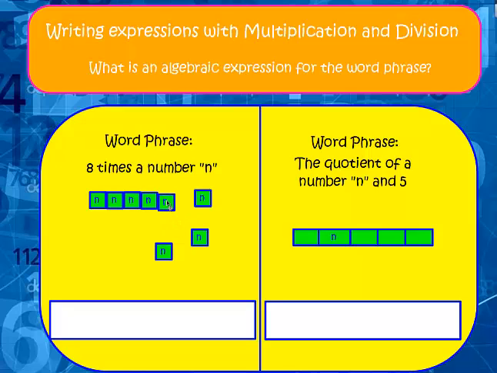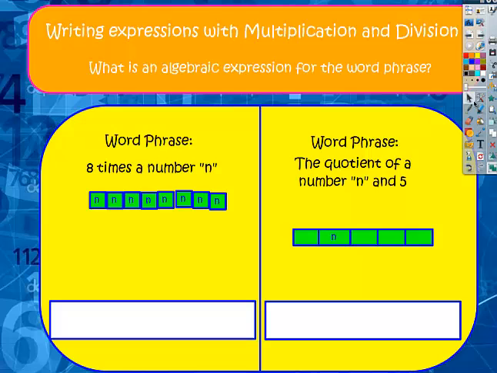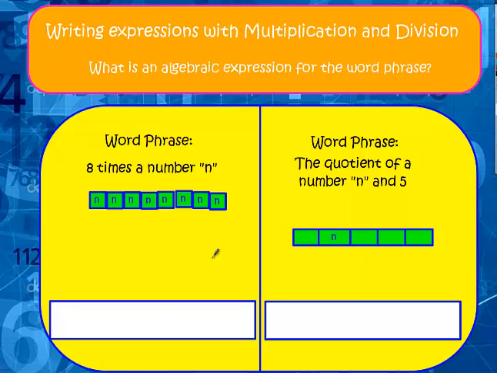Well, I have n 8 times. When we write multiplication with a variable and what's called a coefficient, which is the number 8 here in front, we just write them together. So 8n, and that means 8 times n.